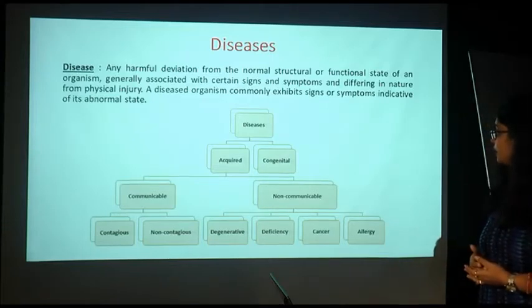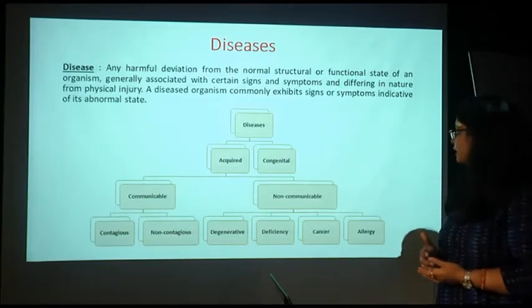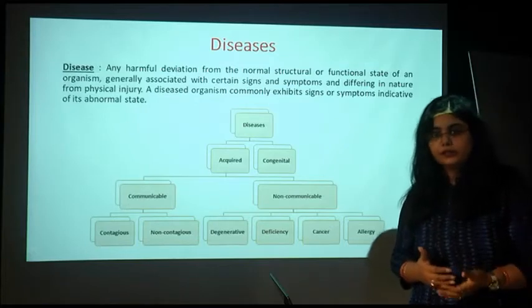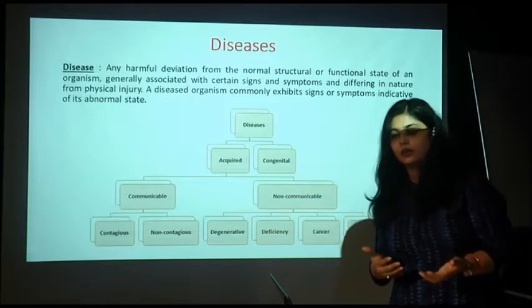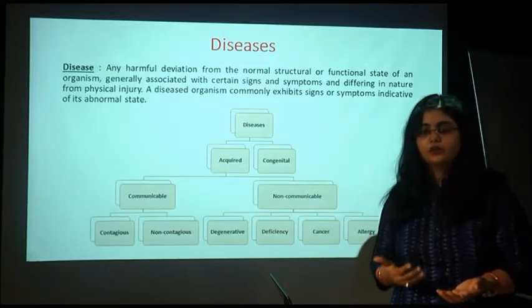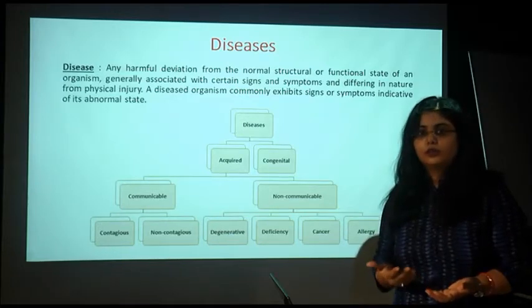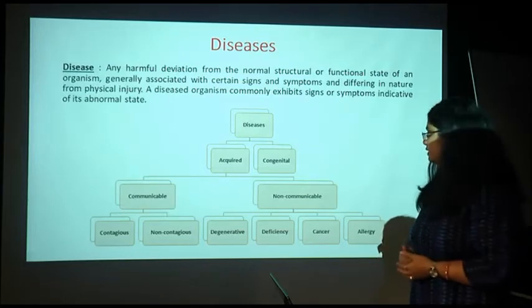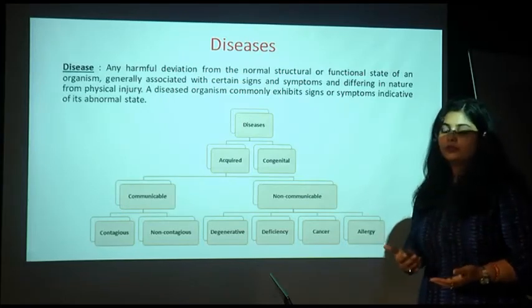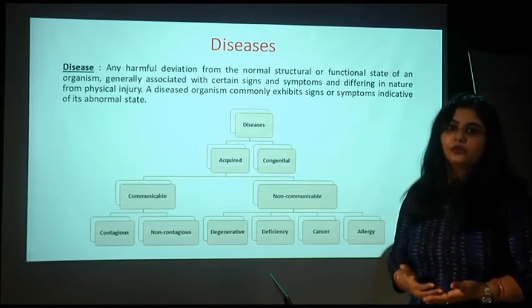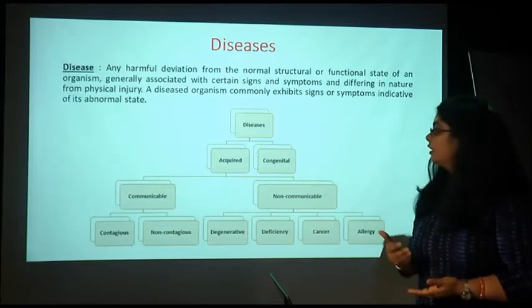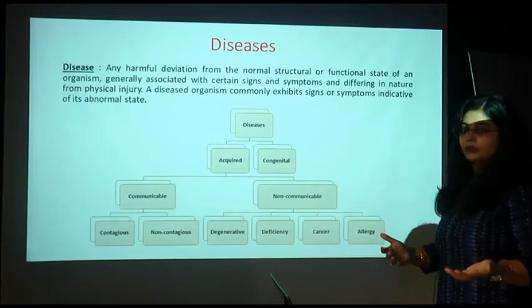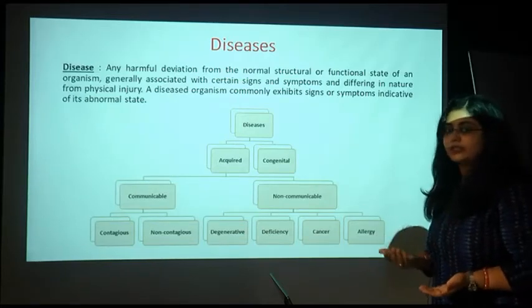Now, non-communicable diseases are of 4 categories. First come degenerative diseases, where age-related deterioration of body physiology occurs and the organism acquires diseases. Next is deficiency. Whenever there is a deficiency of either macronutrients or micronutrients, it leads to a disease state.